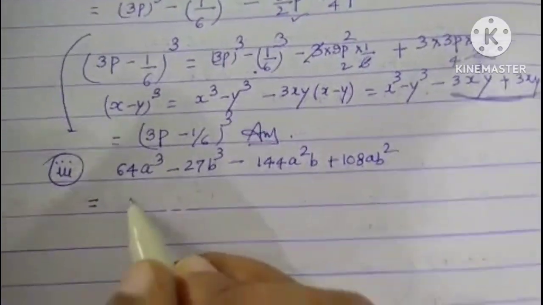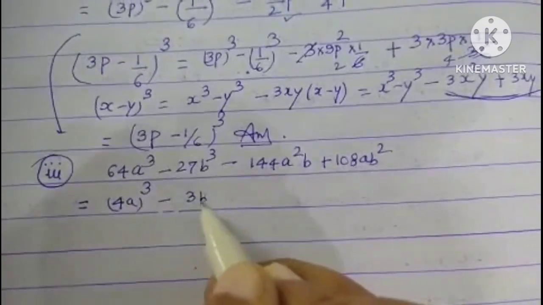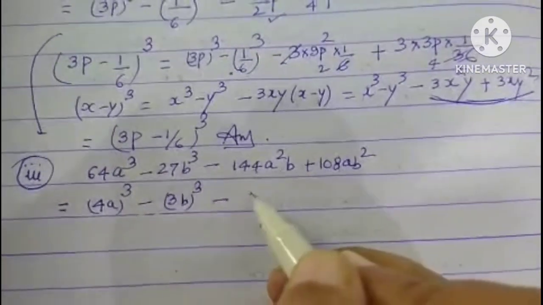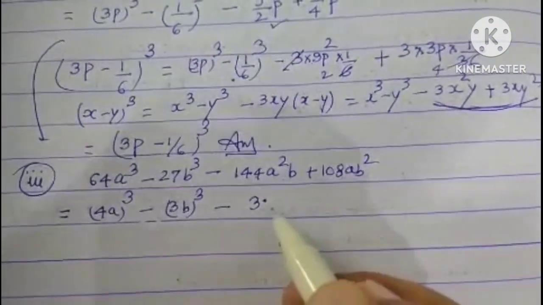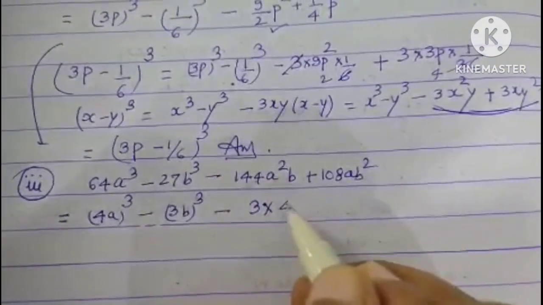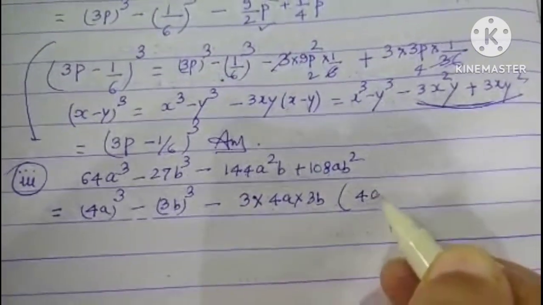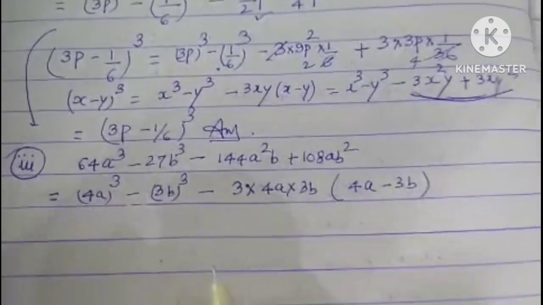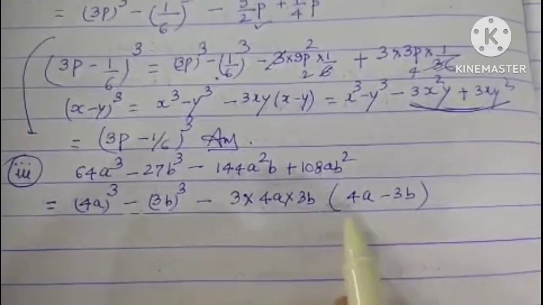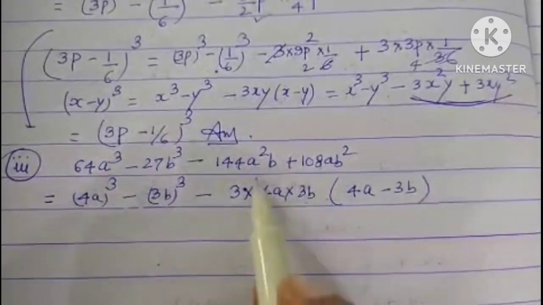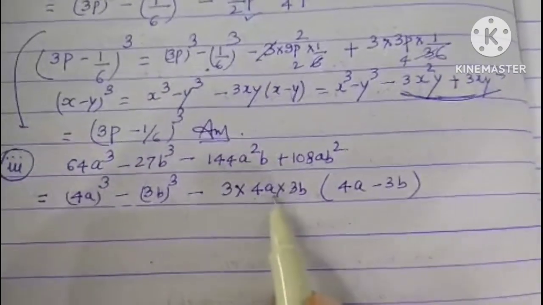So you can write it like this: 4a cube minus 3b cube minus 3xy into x minus y. Basically this is this: 3 into 4 is 12, 12 into 12 is 144, and a square b. This is minus minus plus, 36 into 3 is 108, and a b square.